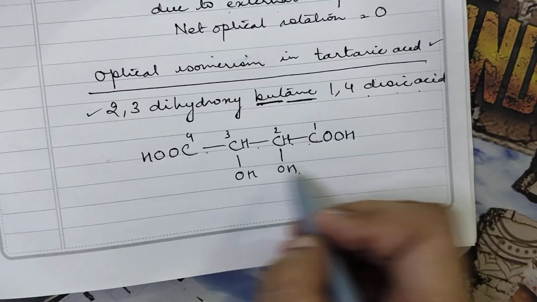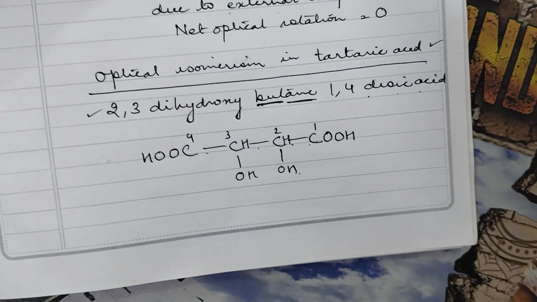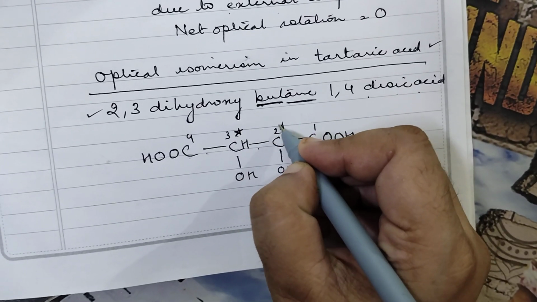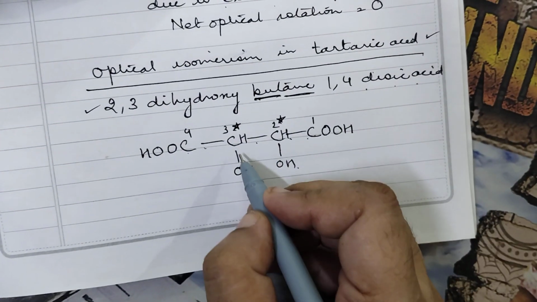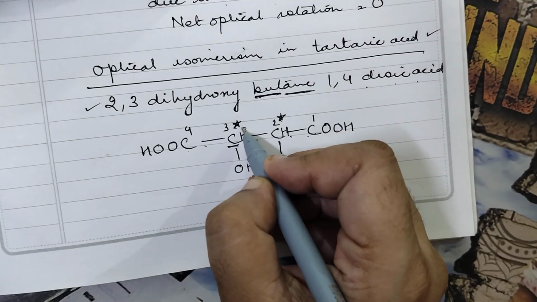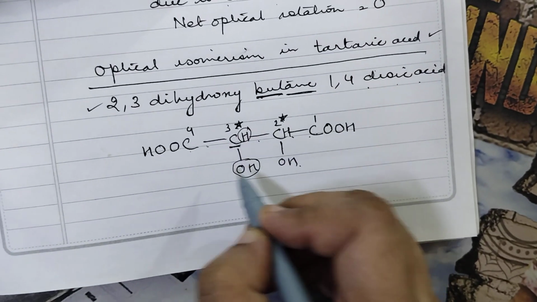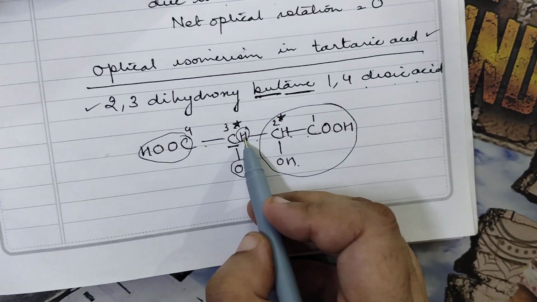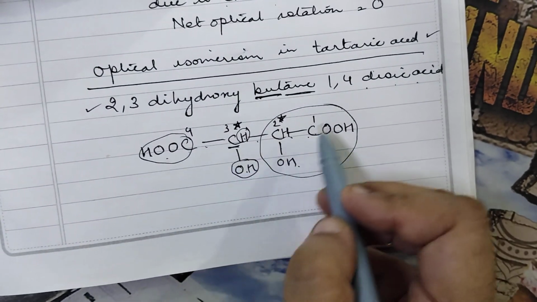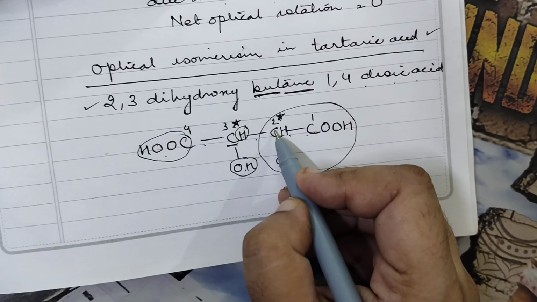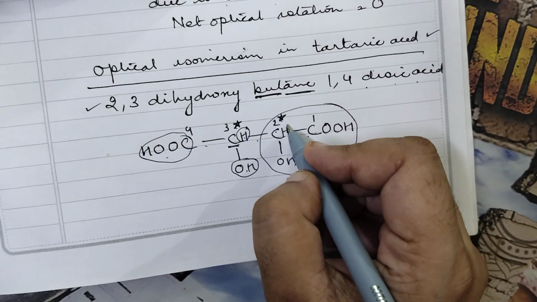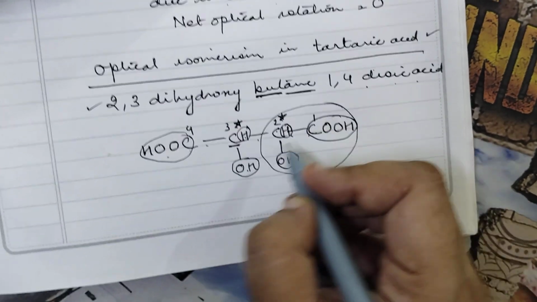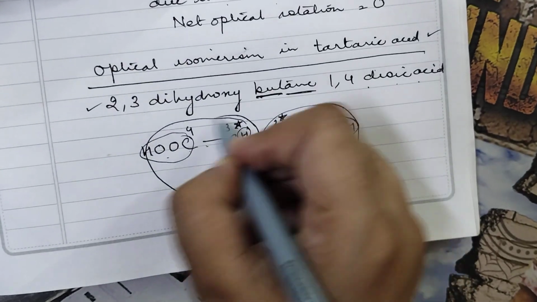So you should be able to draw the linear structure, and you can see that this carbon is chiral and this carbon is also chiral. How? This carbon is connected to H, OH, COOH and this whole group. This carbon is also chiral because this is connected to H, OH, COOH and this whole group.